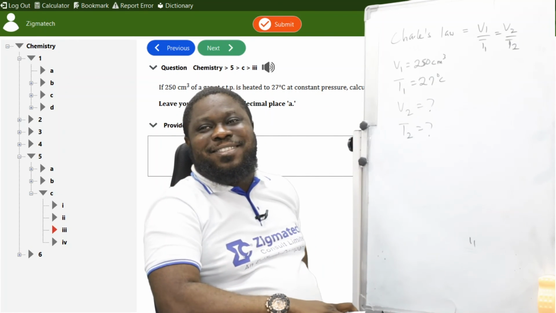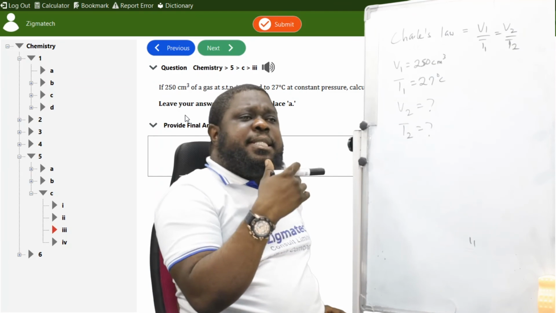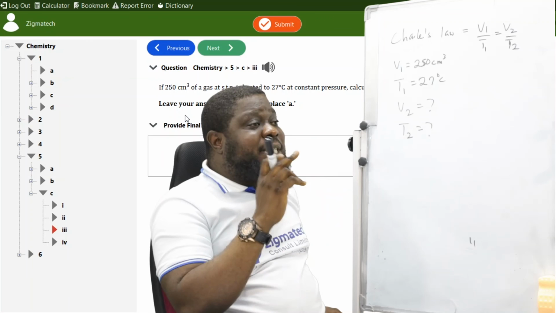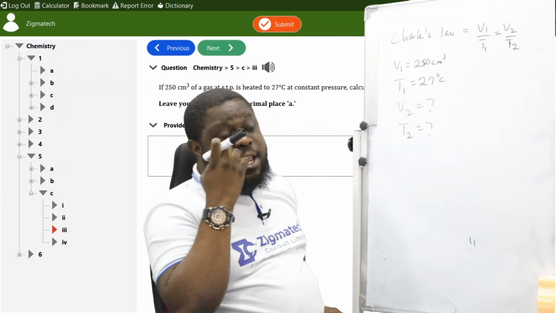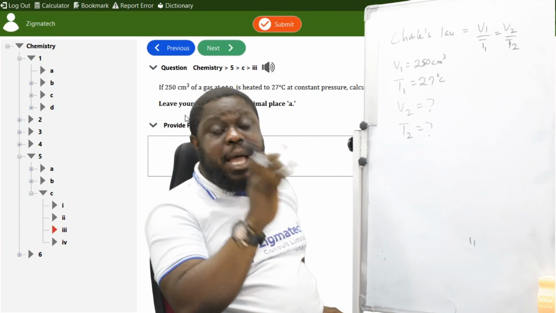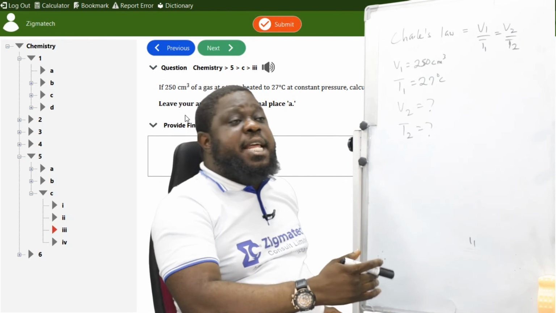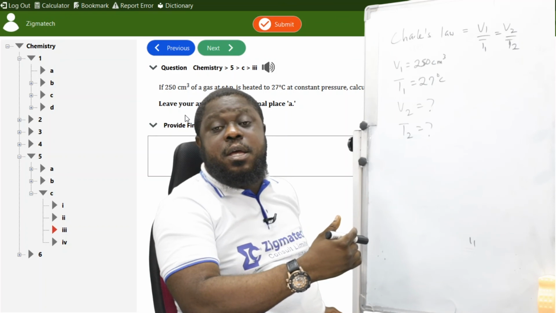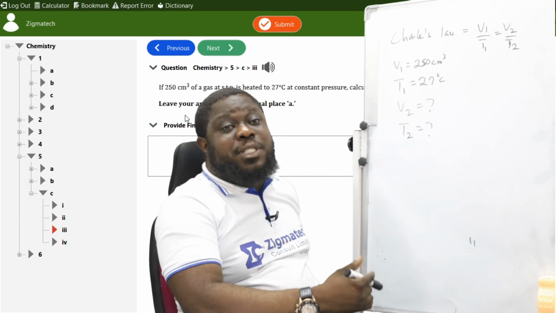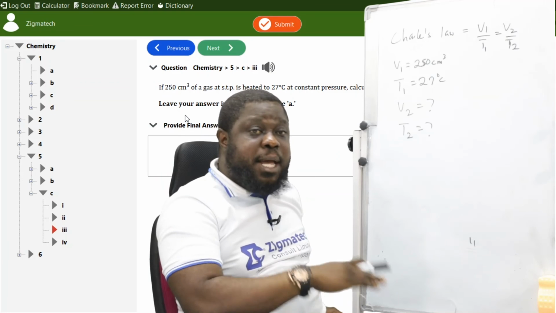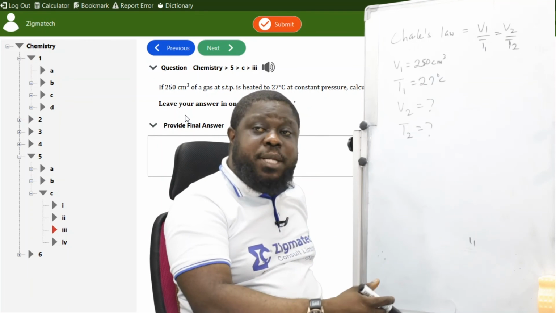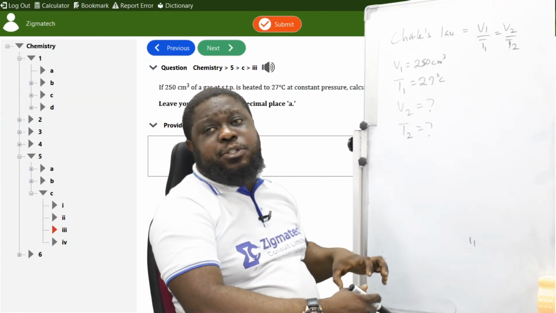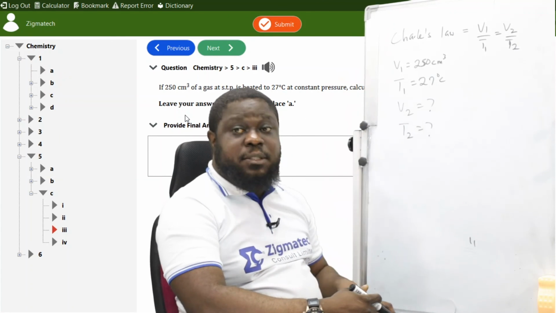How do you solve this one? The constant temperature, like I told you, is 273 Kelvin, and it's always affiliated with the second temperature. So if they give you a question and there's no second temperature, the second temperature is the constant.